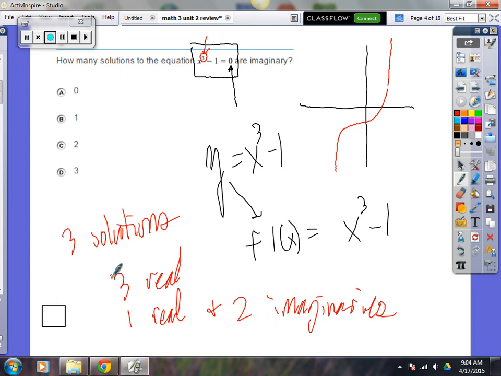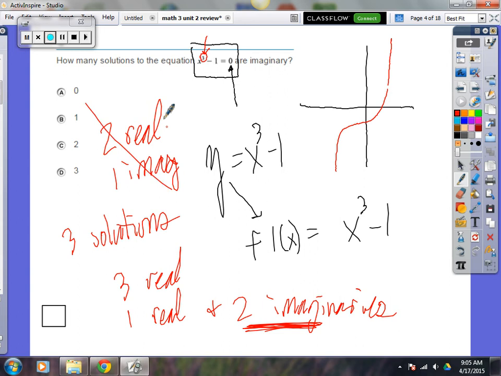So it's got to be one of these, because you've got to remember your imaginaries come in pairs of 2. You cannot have 2 real and 1 imaginary. That's impossible, because your imaginary solutions come in conjugate pairs. So it's either all 3 real, or one of them's real and 2 are imaginaries.